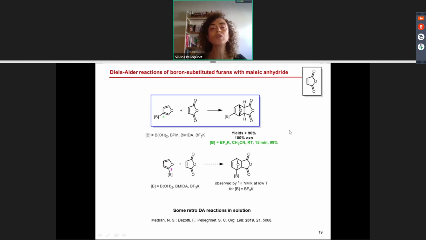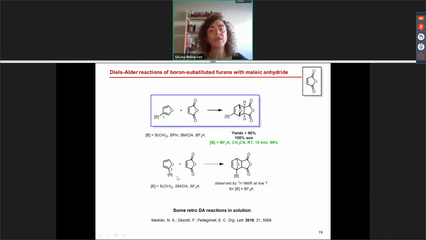And most of these compounds precipitated during the reaction, so they could be easily isolated by filtration and washings. Also, we noticed that if we dissolve these compounds completely, some retro-Diels-Alder could be observed.